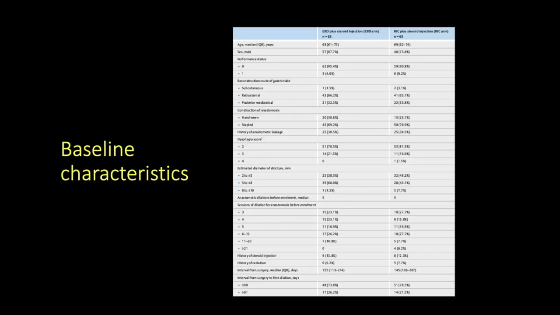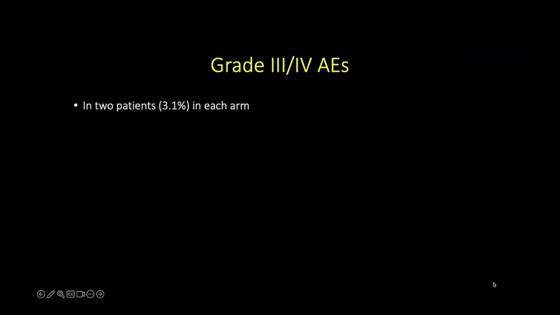That was 10.8% versus 7.8% in the two groups. 9.2% in the balloon dilation group had a history of radiation, 7.8% in the incision group had a history of radiation. The interval from surgery to the first dilation was less than 90 days in 74% in balloon dilation and 79% in the radial incision group.